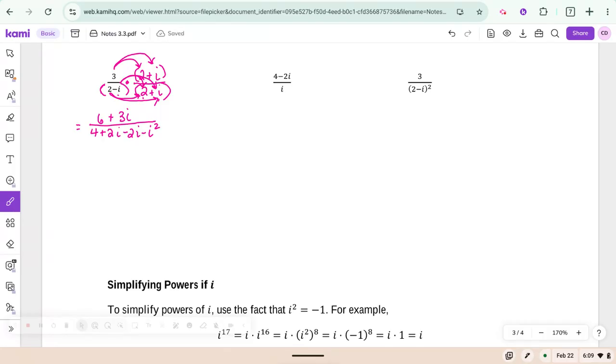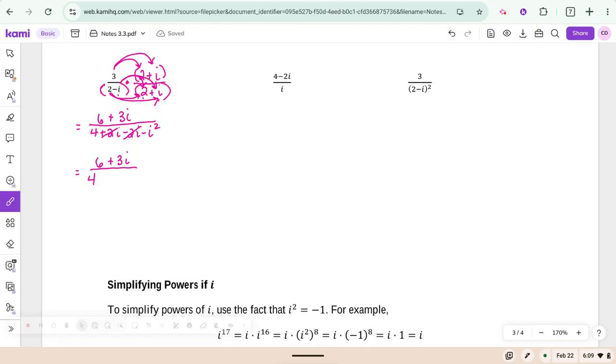Believe it or not, this denominator is going to simplify nicely. I'm going to just keep my numerator the same. First of all, notice that you have a plus 2i and a minus 2i. Those cancel each other out because they add to 0.